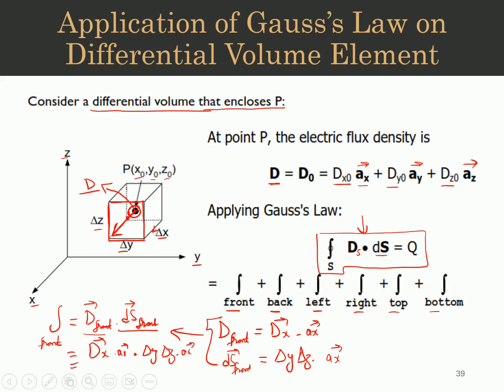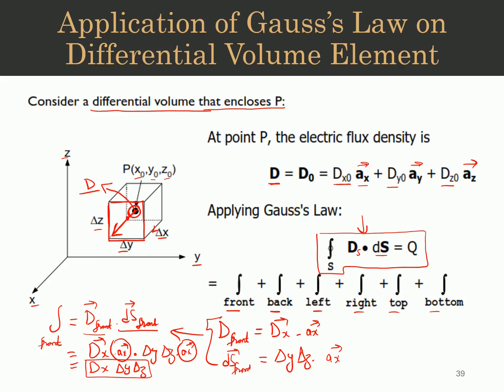The dot product of unit vector with unit vector results in 1, so we are left with D of x, delta y and delta z. So this is the equation for the integral over the front face of the cube.